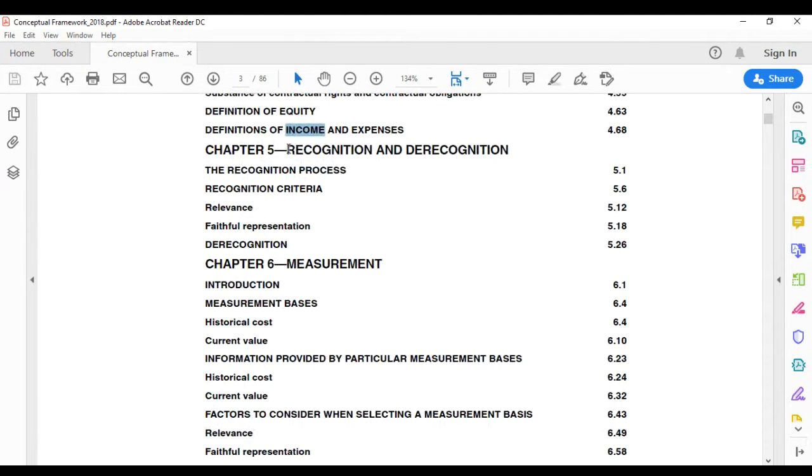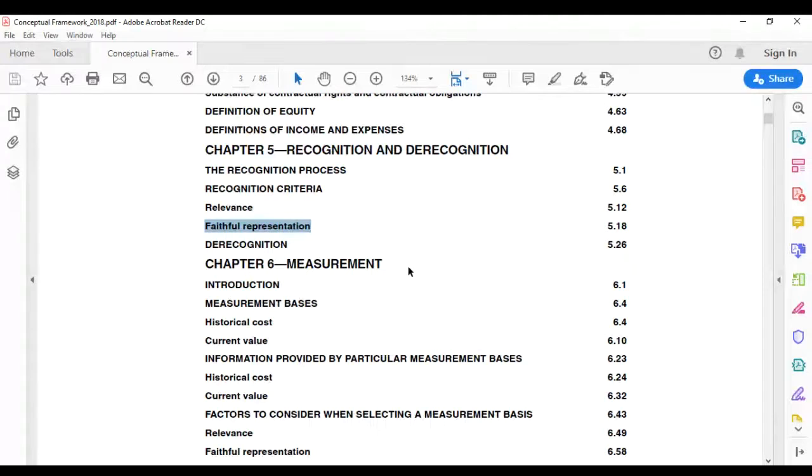We're going to talk about recognition as well as derecognition, the one just being the opposite of the other. We're going to look at relevance. Amongst the recognition criteria, we're going to look at faithful representation. Perhaps this is a good time to take a note when we see the term faithful representation.